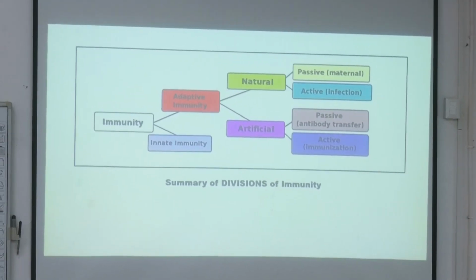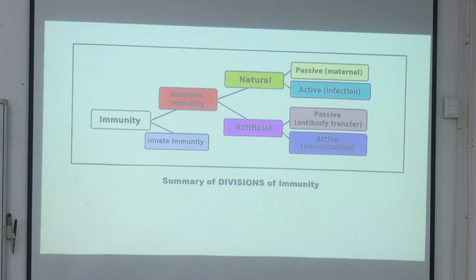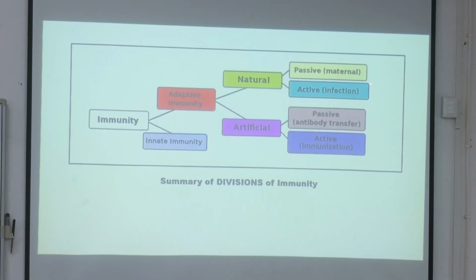So to summarize, the immunity can be adaptive or innate. Adaptive immunity we can get naturally. How do we naturally get it? From the mother. Passively, the immunoglobulin IgG is transferred to the fetus, and we get passive immunization.